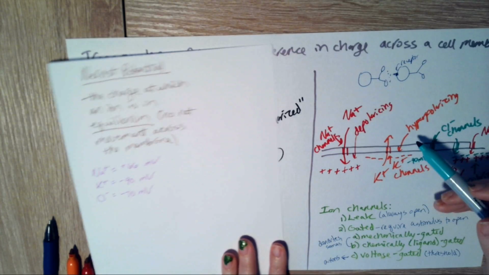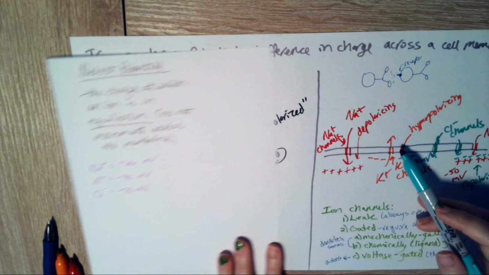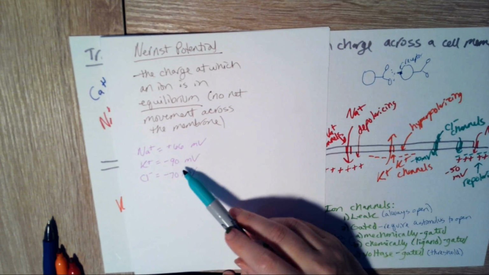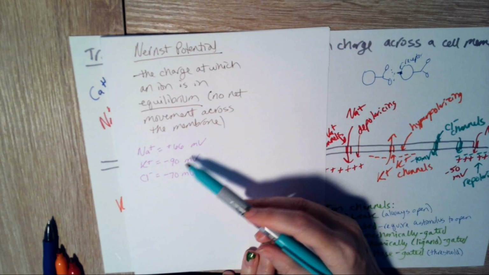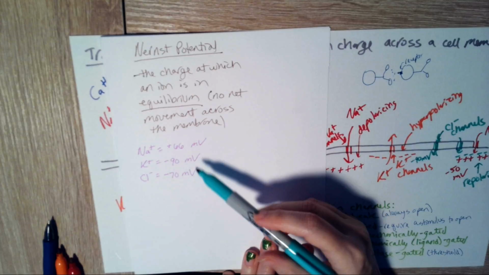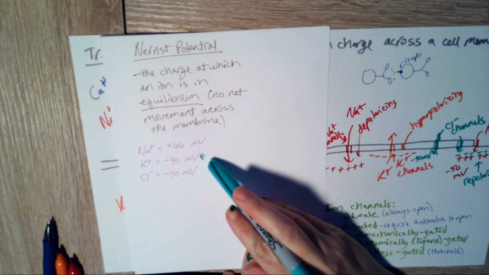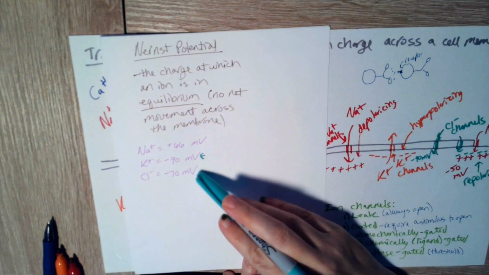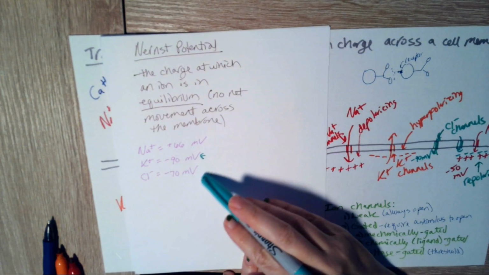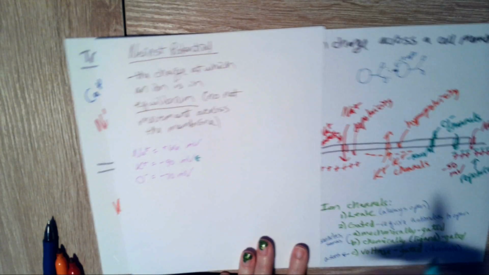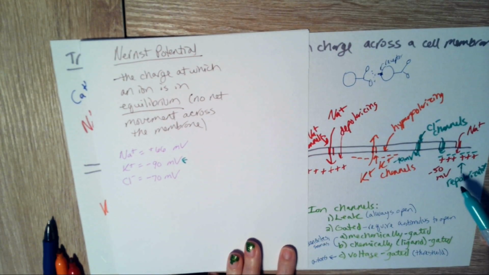Resting potential is negative 70. The Nernst potential for potassium is negative 90. And when we are recovering from an action potential, we always get to negative 90 millivolts. And that is what makes potassium stop leaking out in that case. So we do reach that all the time. And obviously, we're mostly in Nernst potential for chlorine until something happens to throw us off at that equilibrium there.